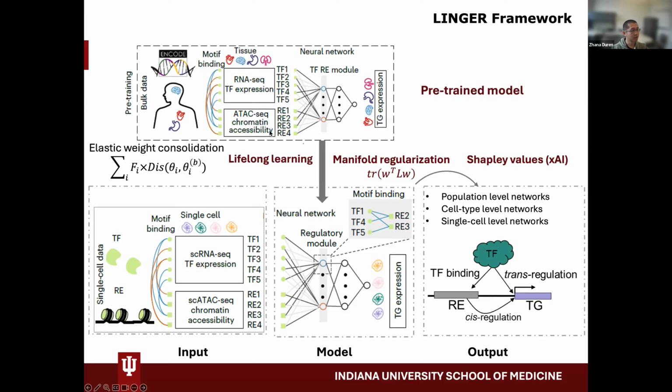We train the model on bulk data across diverse tissues from the ENCODE project, where hundreds of tissues are included. We train the same model and we save all the parameters, and we also save their confidence. That is the way we call it lifelong learning.